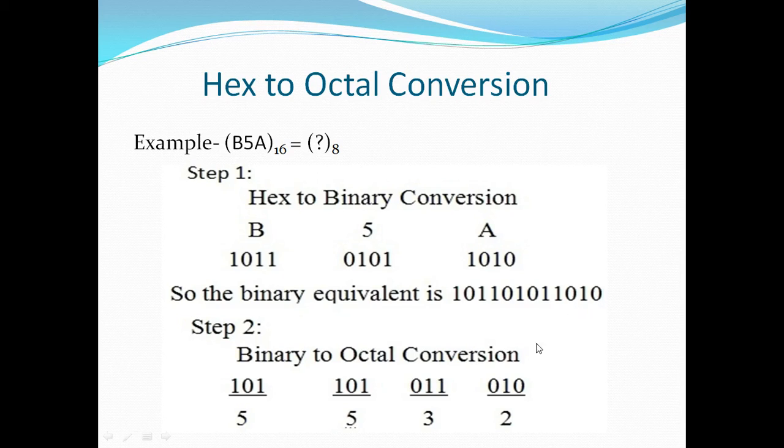We'll make the first group, 010 is the first group, then second, third, and fourth, and finally we'll write the octal equivalent of all these. So 010 is 2, 011 is 3, 101 is 5, 101 also 5. See, here 5 is represented by 0101, here 5 is represented by 101.